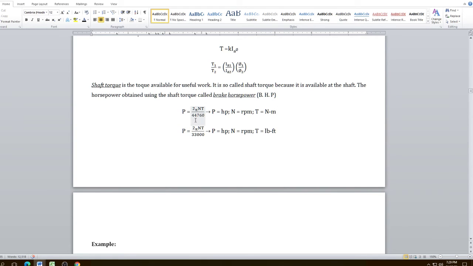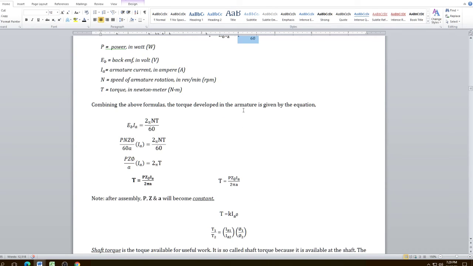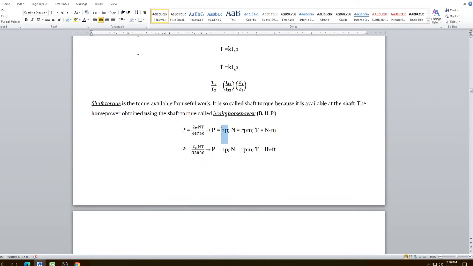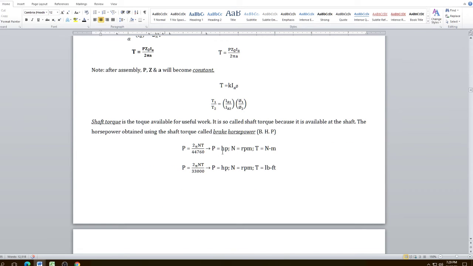We can also solve for power by using this formula, where power is in HP. Here the unit is in watts, so if it is in HP, remember the conversion: 1 HP is equal to 746 watts. So multiply 60 by 746, and the result is 44760.